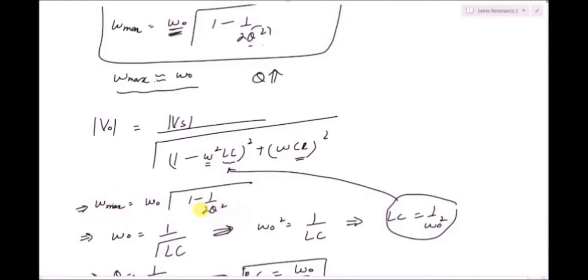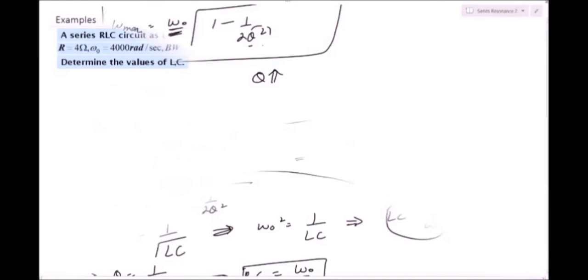But the maximum voltage and the frequency at which it occurs depend on the quality factor of the circuit. So if you have a very large quality factor, then the maximum voltage can occur closer to the resonant frequency. So this was the second topic of today's lecture.